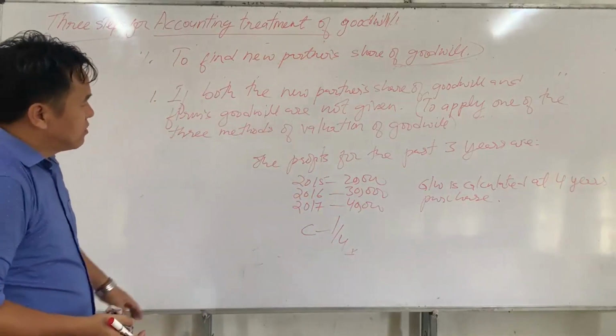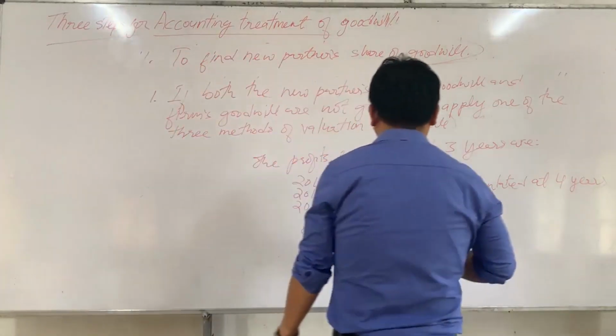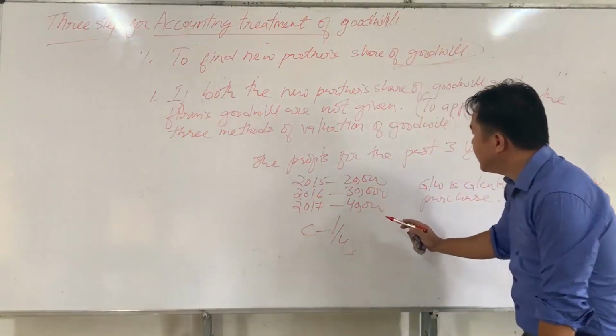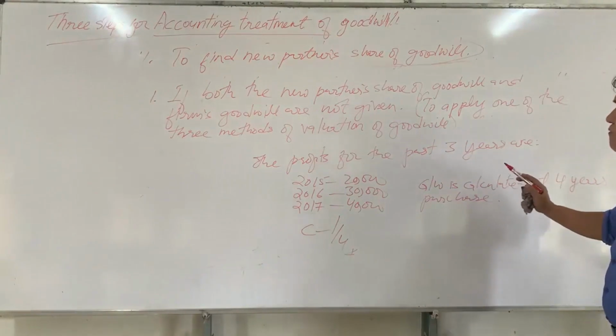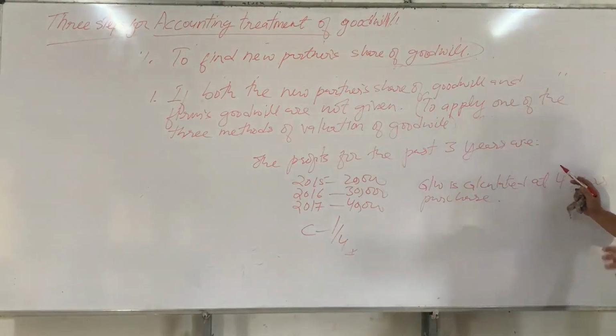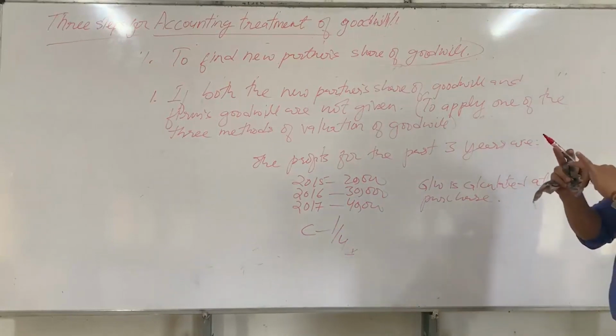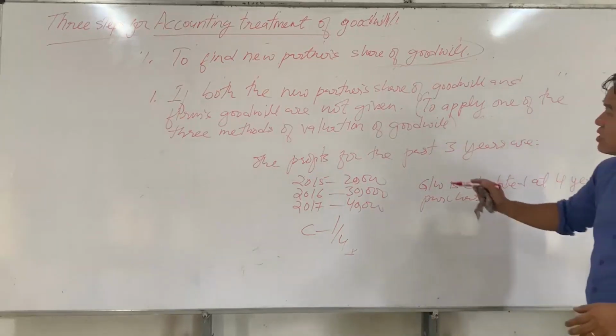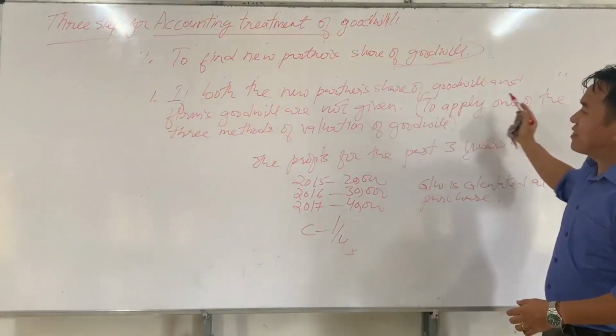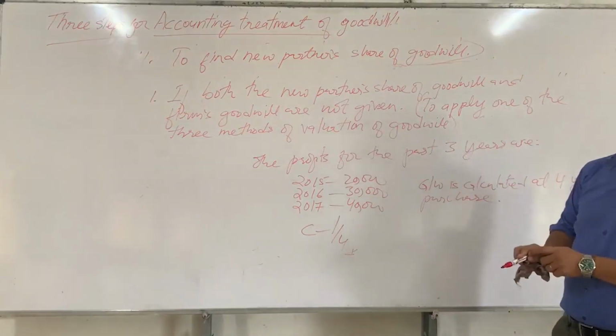Okay, now from this information, both the new partner's share of goodwill and the firm's goodwill are not given. So how are we going to find the firm's goodwill? By using one of the methods of valuation of goodwill.